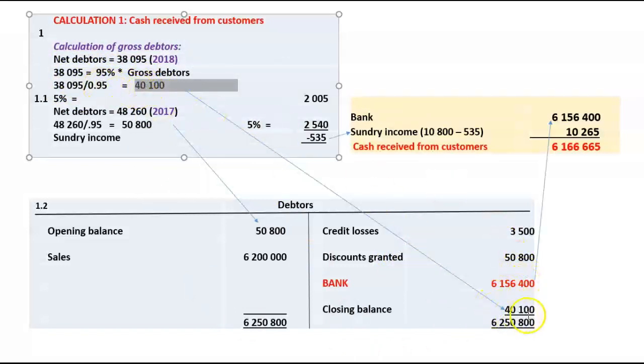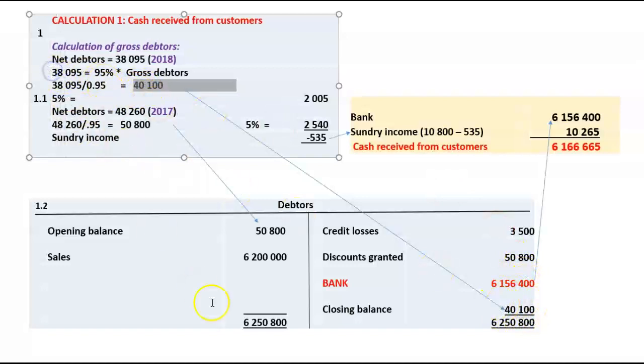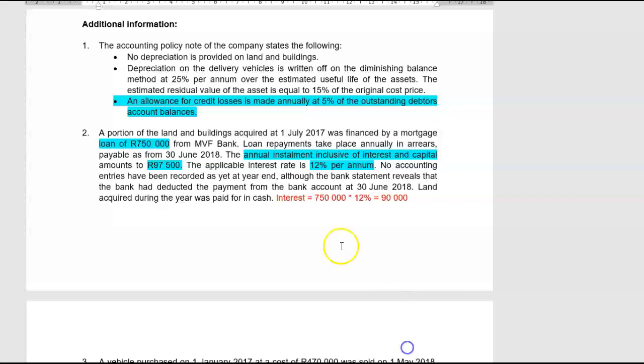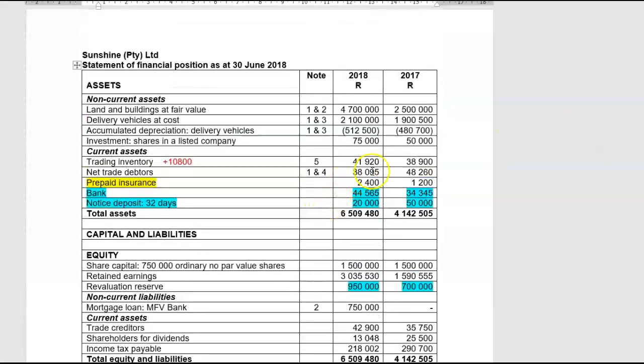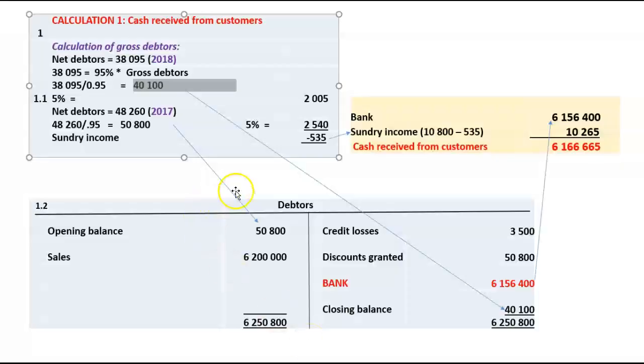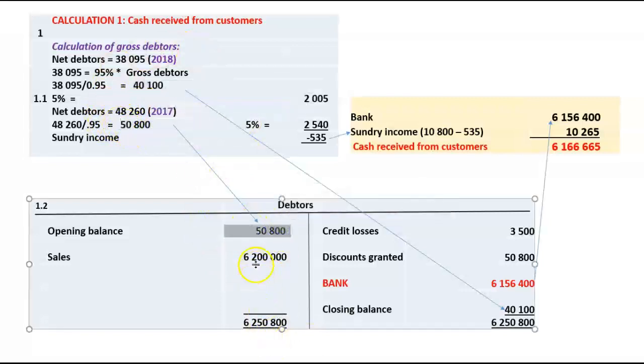So our closing balance was in actual fact 38,095 divided by 95%, which is 40,100. At the opening balance, 48,260 divided by 95% gives us 50,800, and that then is our opening balance. Sales.